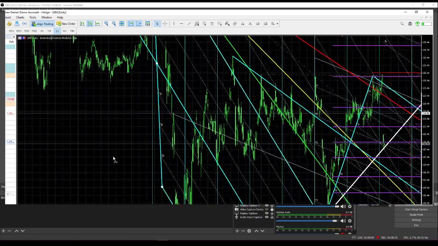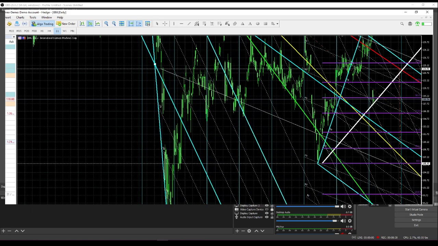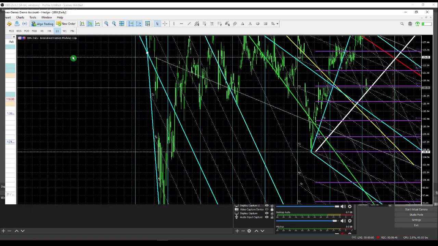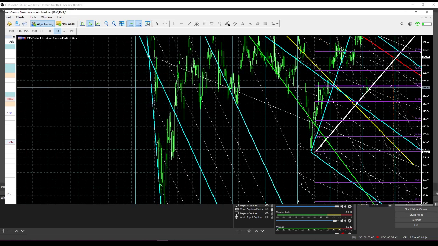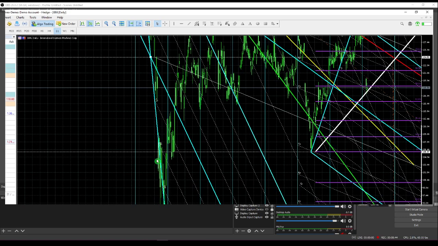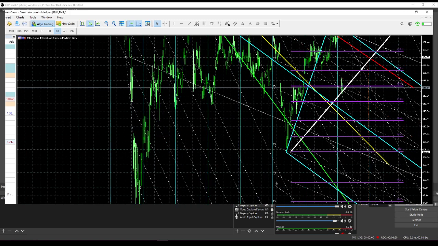But because of the steepness of this move, we end up with an extremely steep pitchfork, which isn't necessarily that helpful. We'll put it on though, because the extensions of the pitchfork may be useful. So I'm just going to tone that down a little bit in both colour and thickness. So we just end up with those lines there.